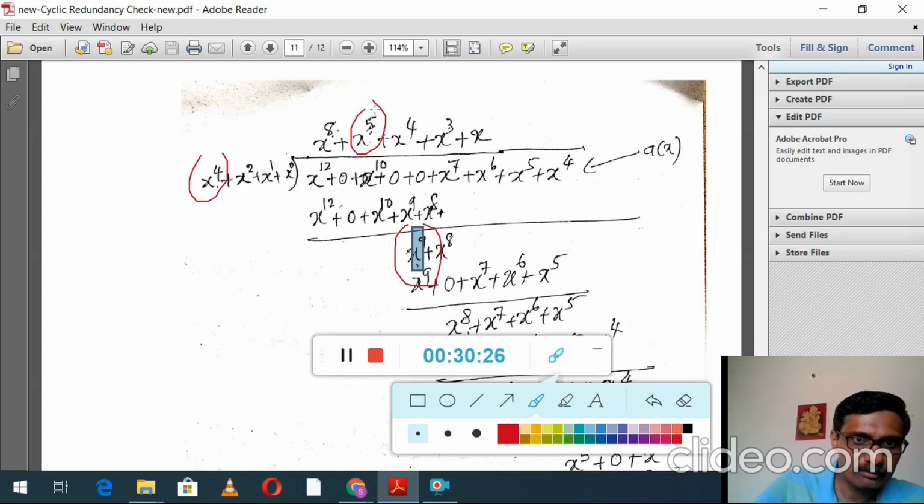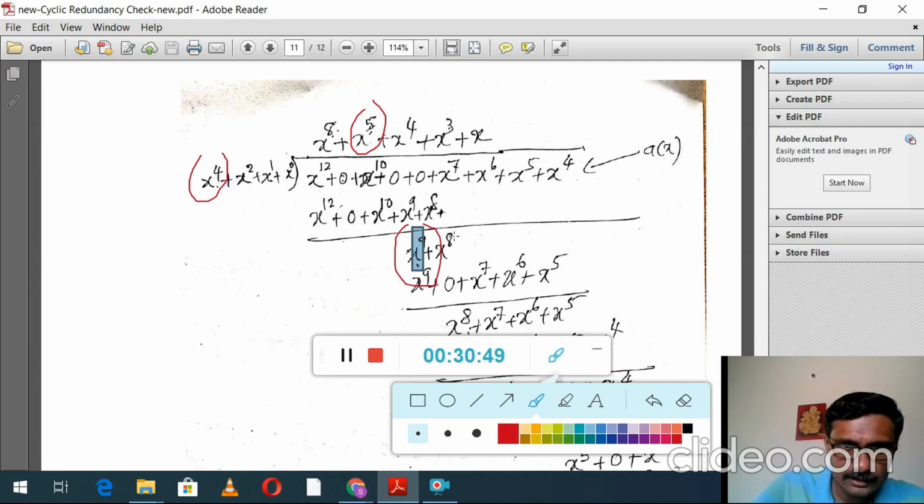So you take x power 5 here, so that x power 5 multiplied by x power 4 gives x power 9. Then x power 5 multiplied by x power 2 is x power 7. x power 8 is not there, so it is 0. x power 5 multiplied by x power 1 is x power 6, and x power 5 multiplied by x power 0 is x power 5.